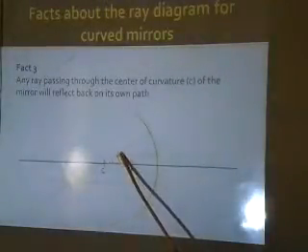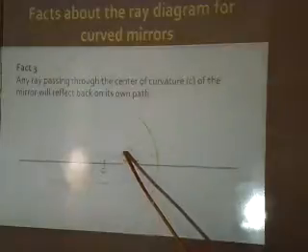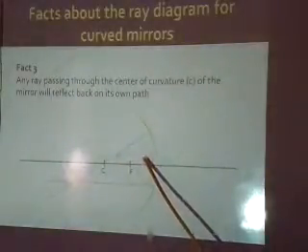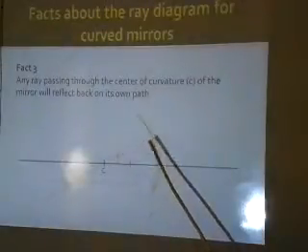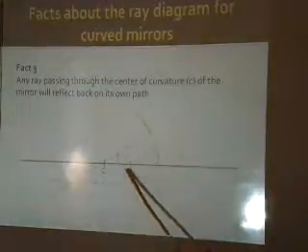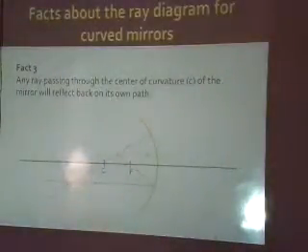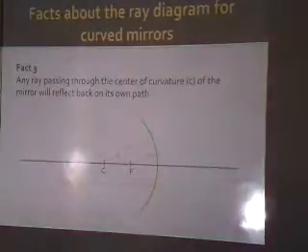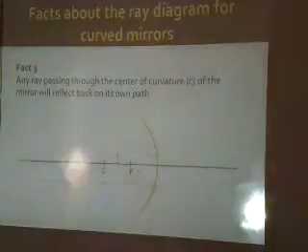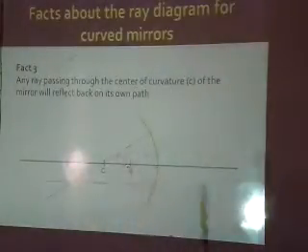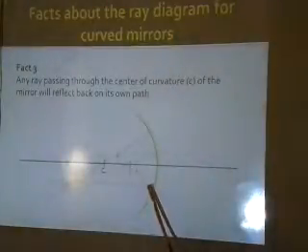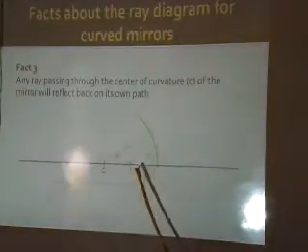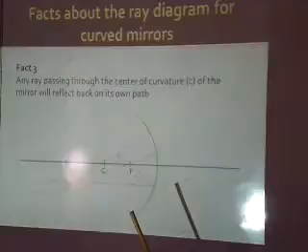The blue line you see here shows the first rule. This ray is traveling parallel to the principal axis and has been reflected through the principal focus.